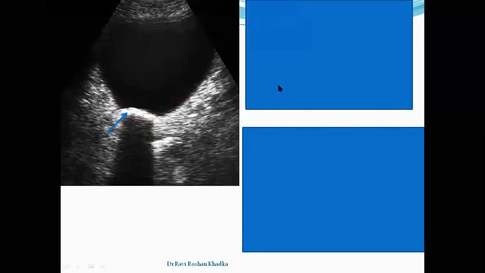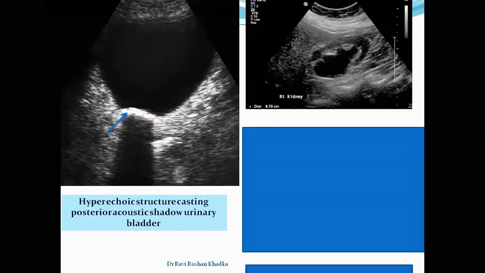So regarding the ureter, what can we see? See over here, this is the outline of a kidney, and this is the pelvis outline.